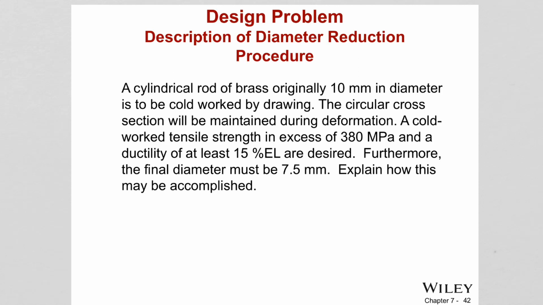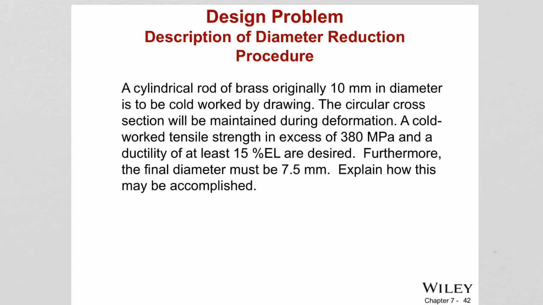Alright, the problem is: a cylindrical rod of brass with a diameter of 10 millimeter will be cold worked by drawing. Drawing is a processing technique where we are deforming plastically. The cross-sectional area is circular and will be maintained during this plastic deformation.